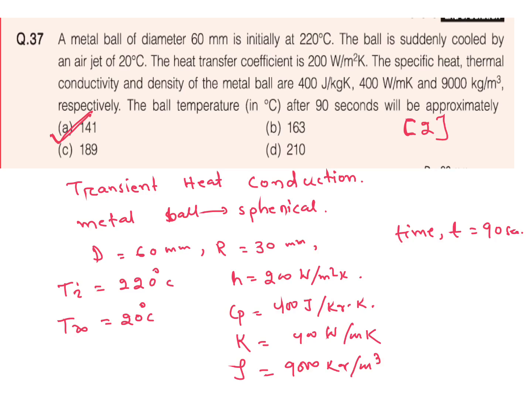This is also asked in some PSU or ISRO exams. Thermal time constant tau t is rho V Cp divided by h As, or rho Lc Cp divided by h.